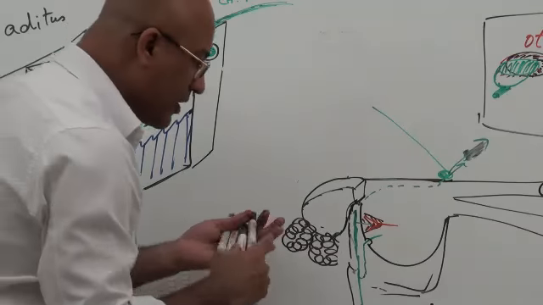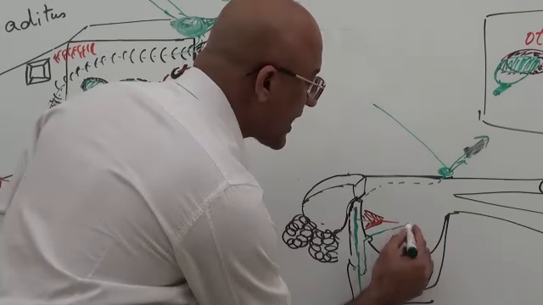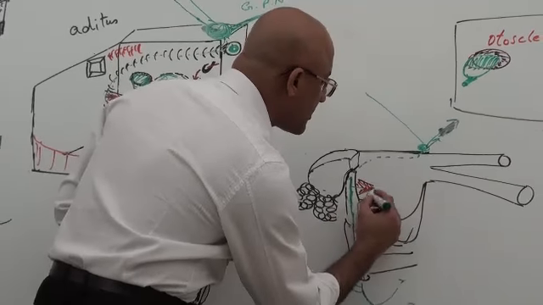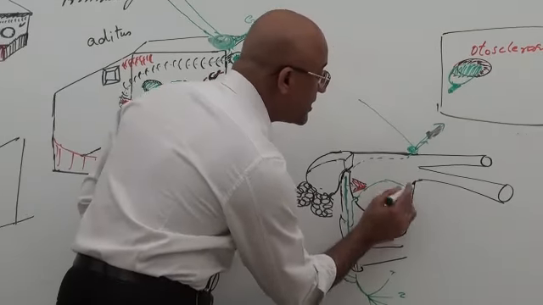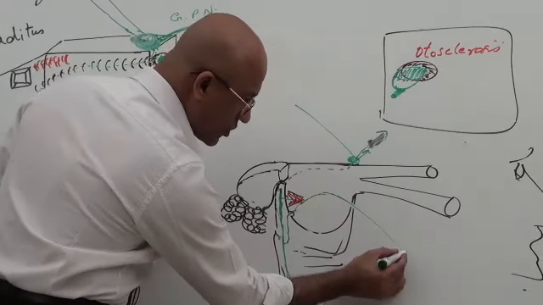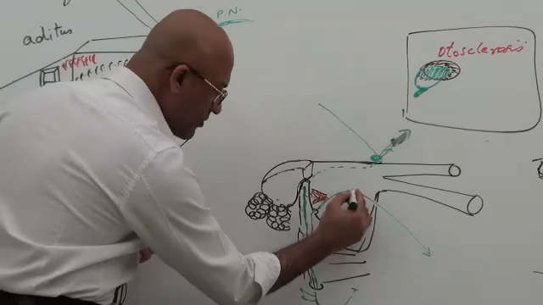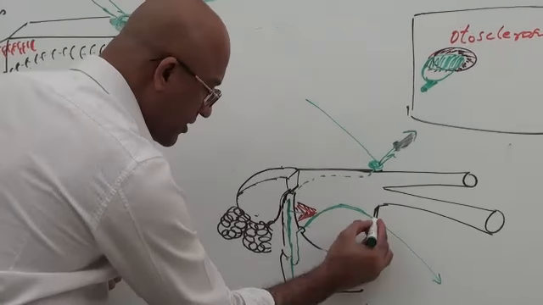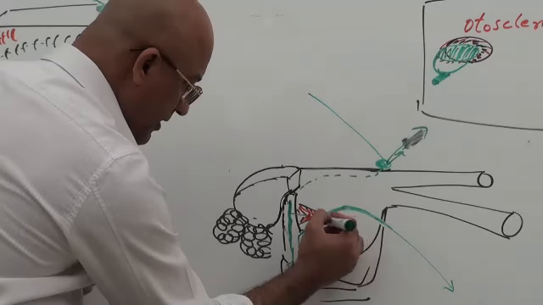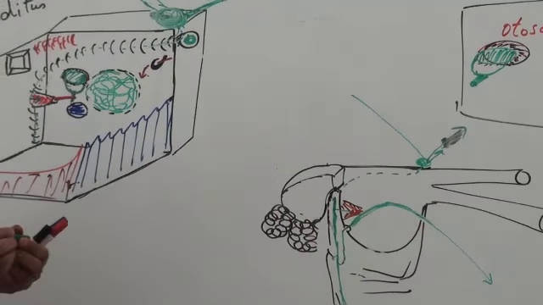Right? And then it traverses the middle ear cavity, and eventually from a hole anteriorly it goes out. This nerve is very important because in middle ear infections, middle ear cholesteatoma or middle ear surgeries, sometimes it is damaged.